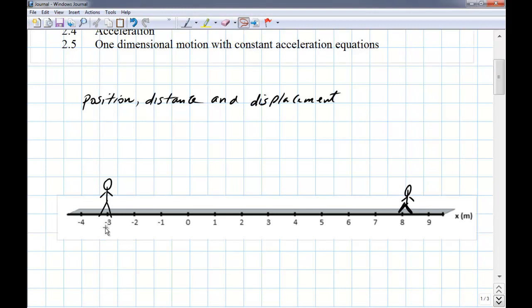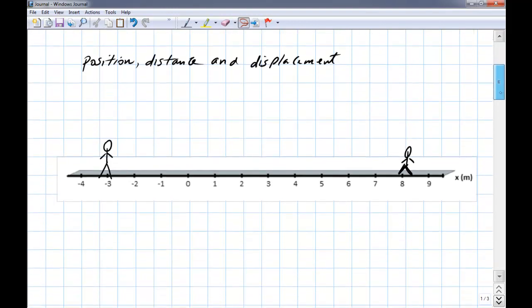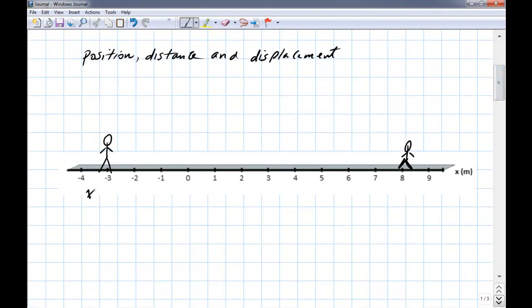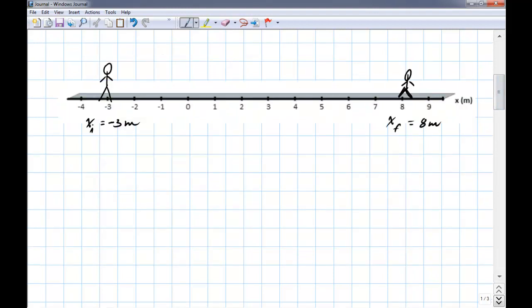Where we started is called our initial position, and we define it as x initial, and notice that it equals -3 meters, and our final position is defined as x final, and it equals 8 meters. We're now ready to define the term position.